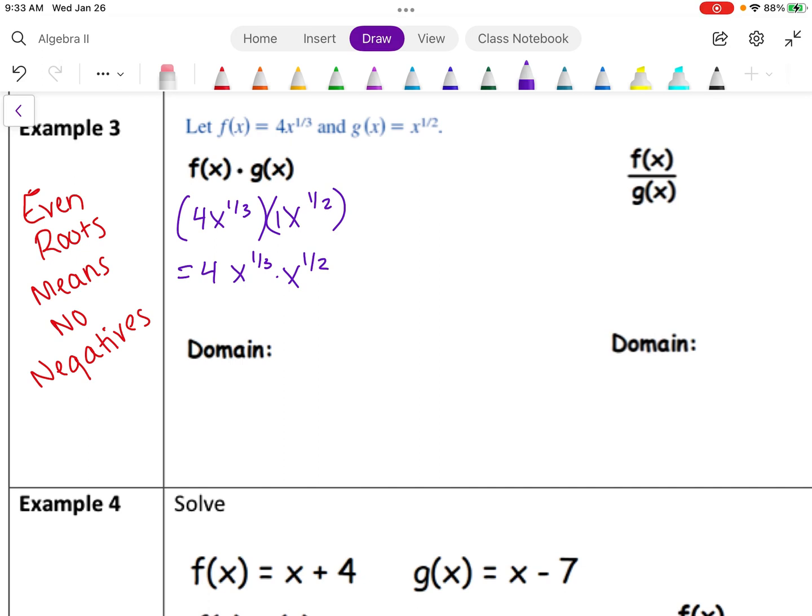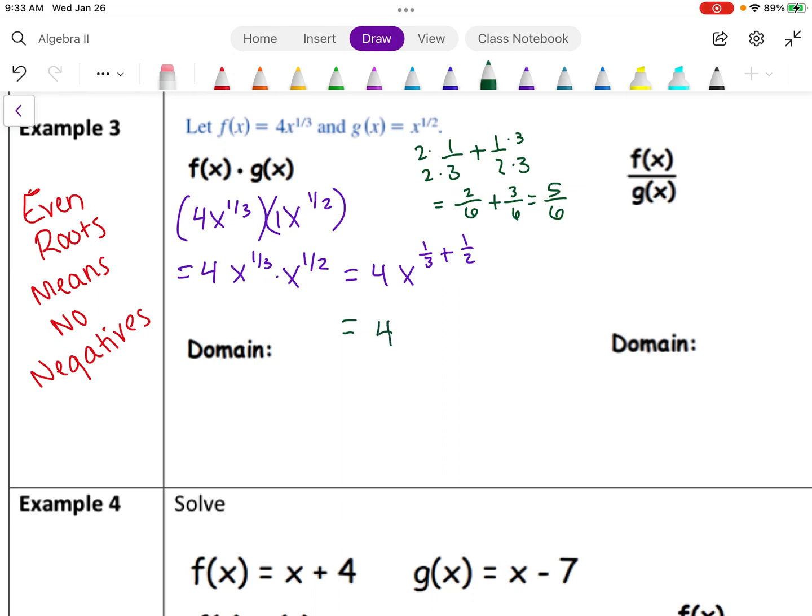So thinking about our exponent rules, our product rule tells us to add our exponents. So we want to take 1/3 plus 1/2. Well, hopefully you notice that 1/3 and 1/2 do not have a common denominator. So we need to make a common denominator. So 2 and 3 both go into 6. So I'm going to multiply by 2 and by 3, which gives me 2/6 plus 3/6, which is 5/6.